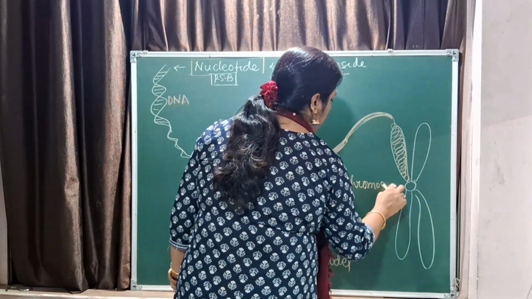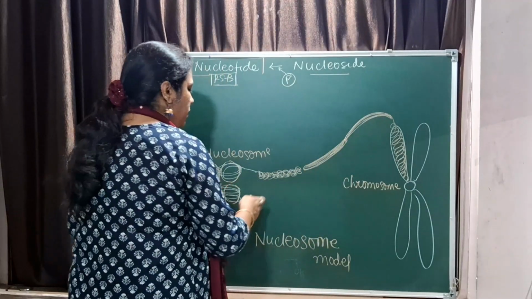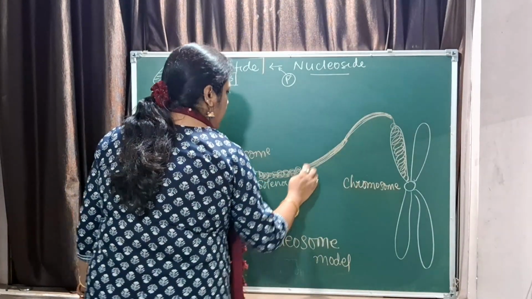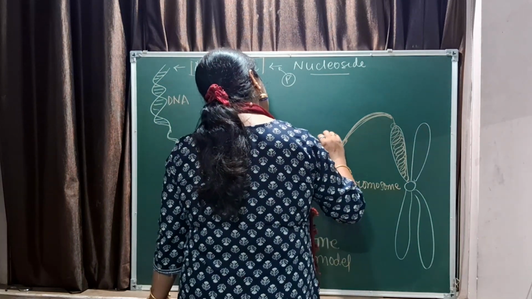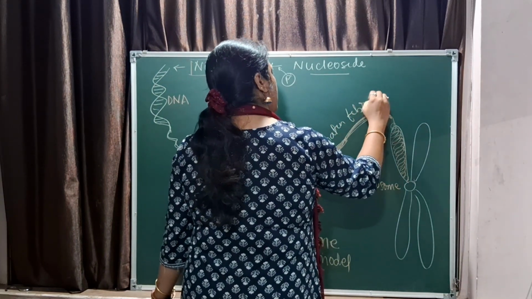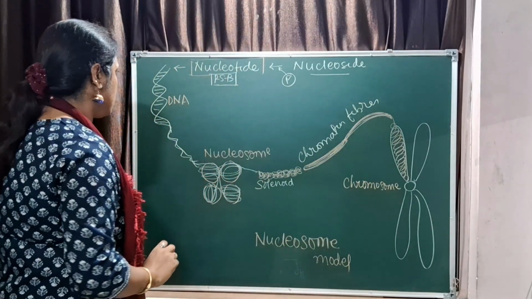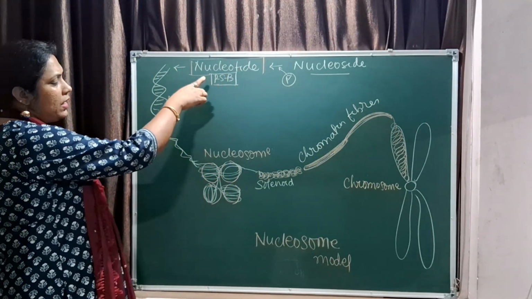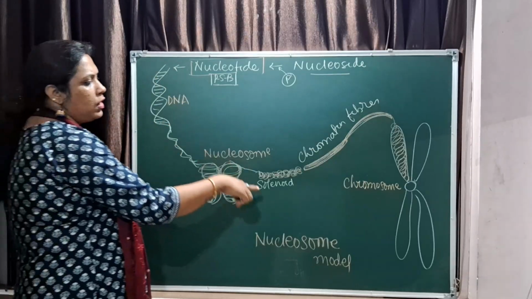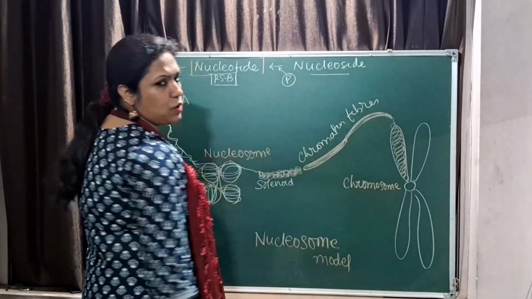Is that clear? In the meantime, there is a solenoid, then you have chromatin fibers fitting into the chromosomes. So you can have nucleotide, DNA, nucleosome, solenoid, chromatin fibers and chromosome.